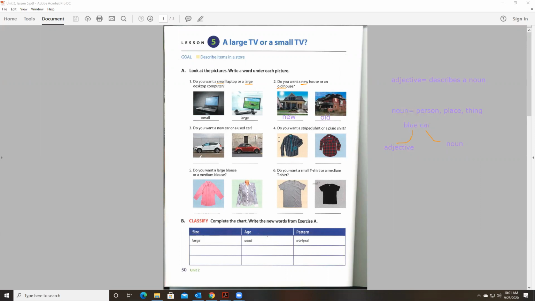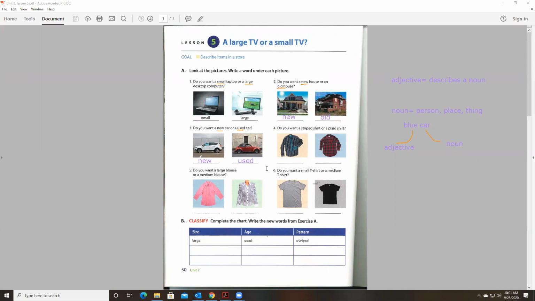Number 3, it says, do you want a new car or a used car? Okay, again, new or used. Those are our 2 adjectives. So a new car or used.